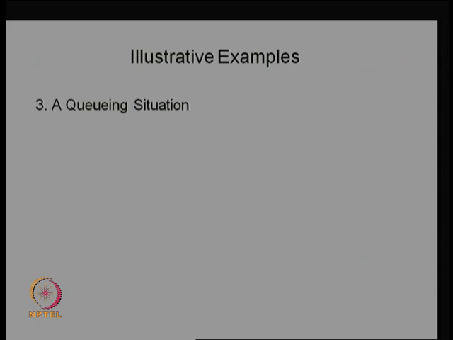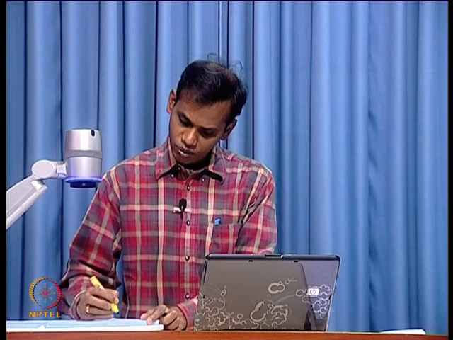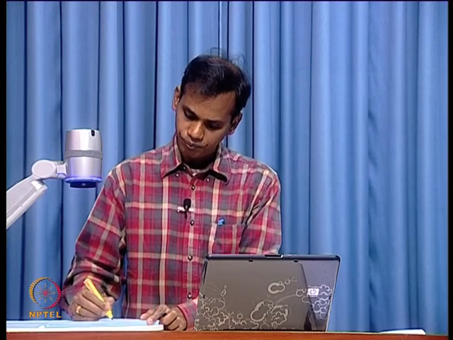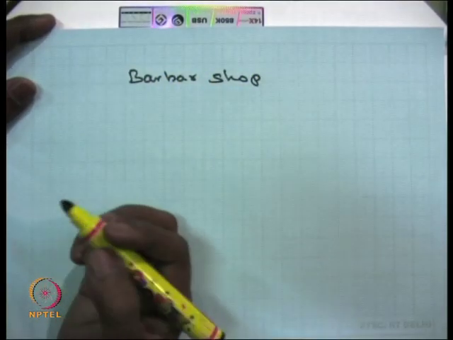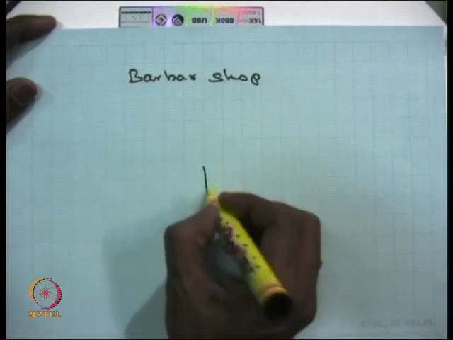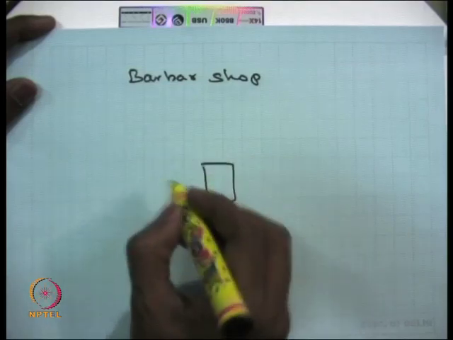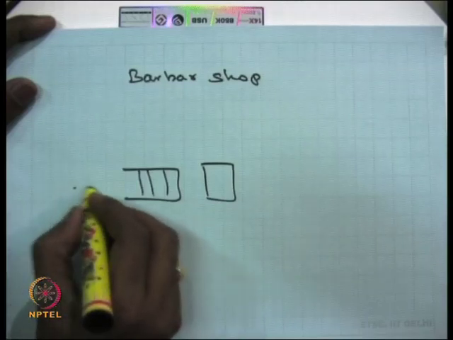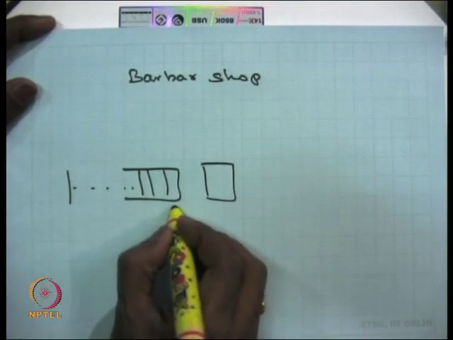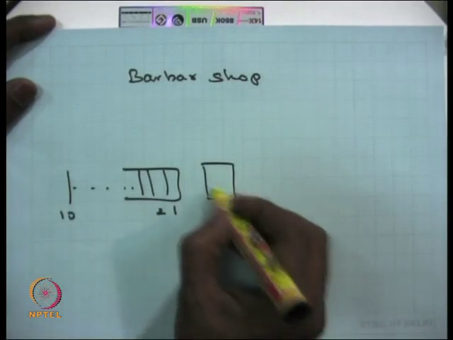Next, I will move to another example, which is a queuing situation. Here I have taken a simple example, a barber shop, in which there is only one barber who does the service for the people entering the barber shop, and there is a limited capacity: a maximum of 10 people can stay in the barber shop and one person will be under service.